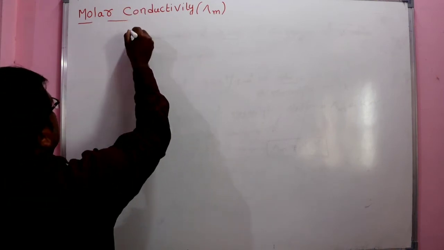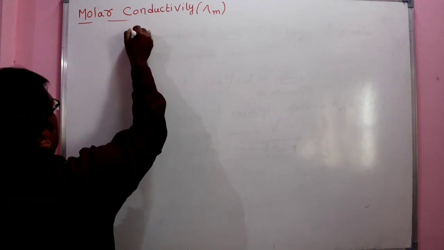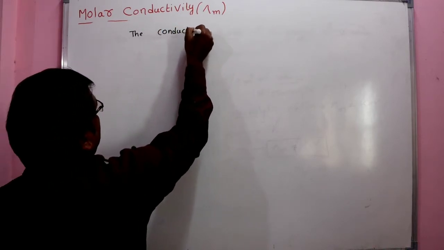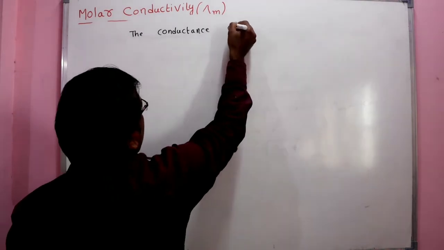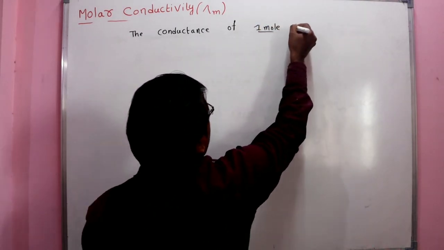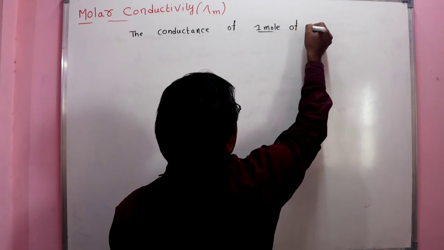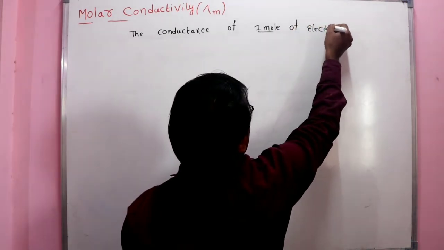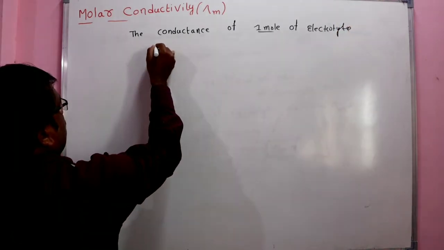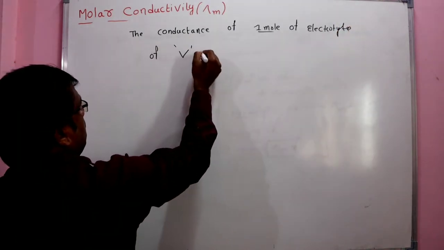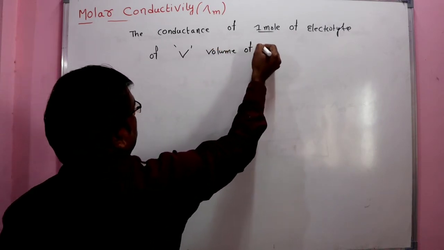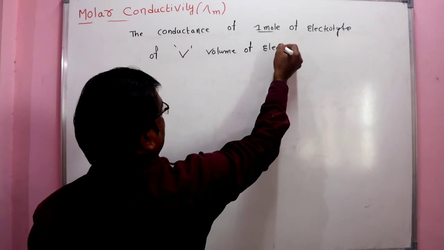Now molar conductivity, lambda m. What is the definition of molar conductivity? The conductance of 1 mole of electrolyte of V volume of electrolytic solution.